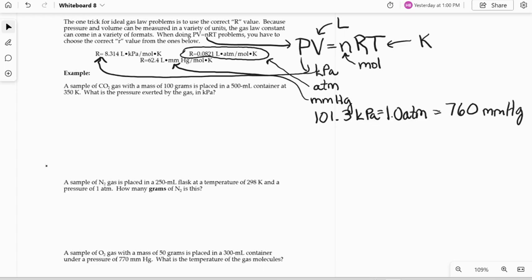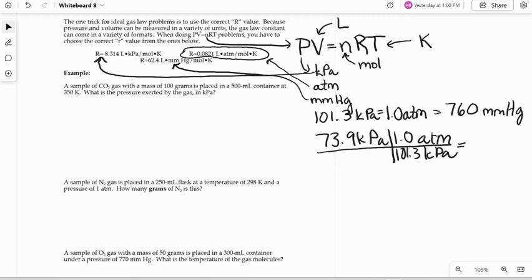If you need to change kilopascals to atmospheres, let's just say you have 73.9 kilopascals, and you want to change it to atmospheres. Well, in order to cancel kilopascals, you put it on the bottom, and the unit you want to go to goes on the top. The numbers stay with them. Atmospheres always stays with 1, and 101.3 always stays with kilopascals in this conversion factor.